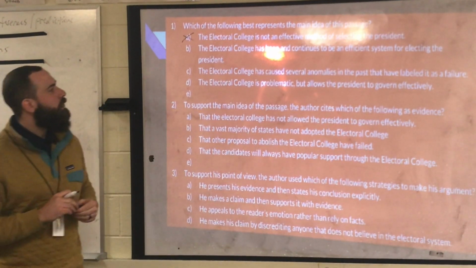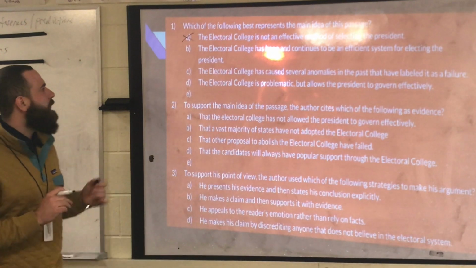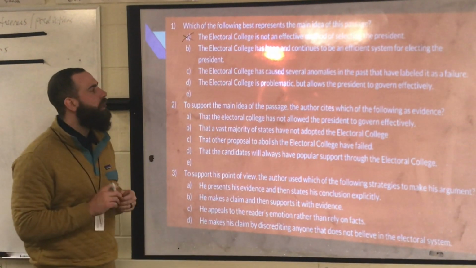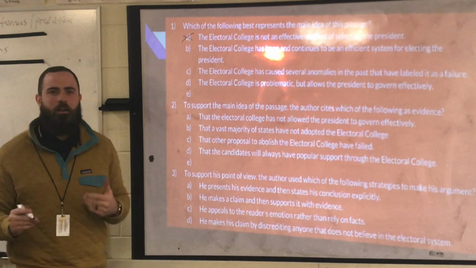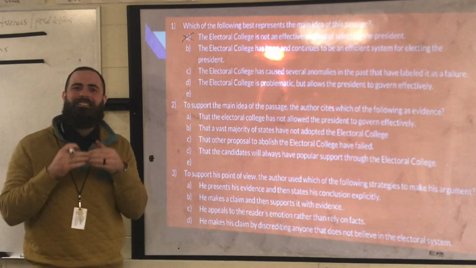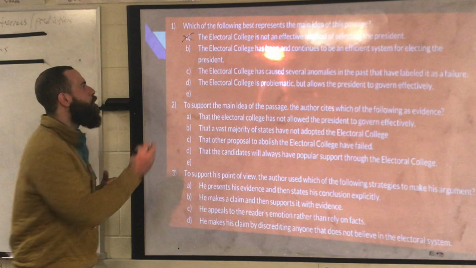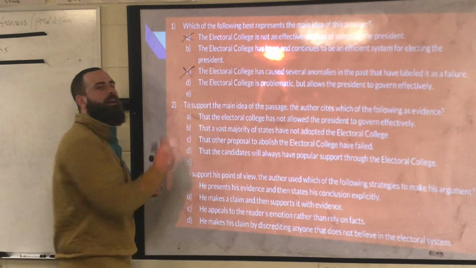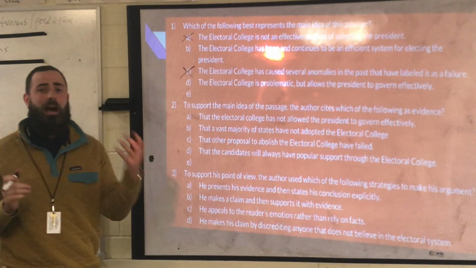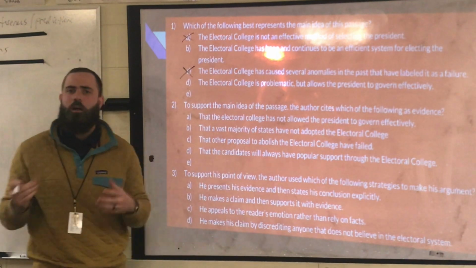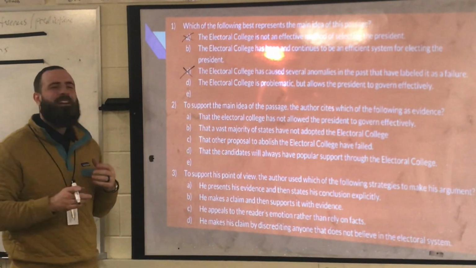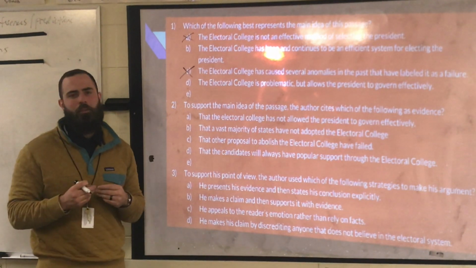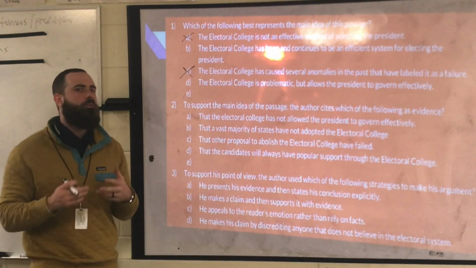The next one, again, that I would eliminate is C. The Electoral College has caused several anomalies in the past that have labeled it as a failure. Again, that statement has negative intent, and when I look at that paragraph, it's not talking about the Electoral College not being good, it's talking about it being very strong and solid. So right off the bat, I'm able to eliminate A and C because they have those negative arguments about the Electoral College when overall the paragraph was positive.